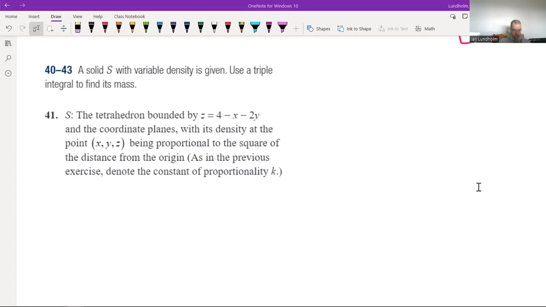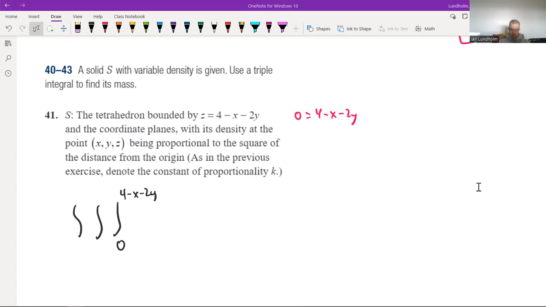So as we set up this triple integral, 4 minus x minus 2y seems to be a good upper bound, and z equals 0 would be our lower bound for that coordinate plane. And at the intersection of those two, 0 equals 4 minus x minus 2y would be the equation.